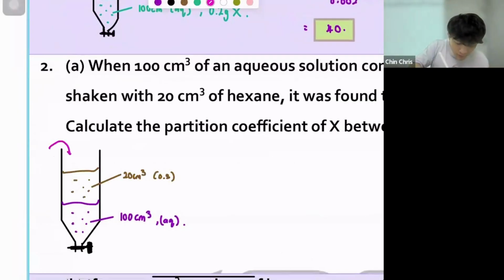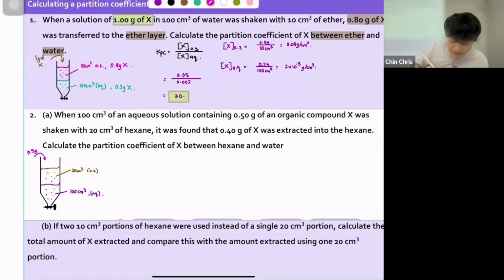So originally it is 0.5 gram, right? They say 0.4 gram is extracted into your hexane, which leaves this as 0.1 gram, right?